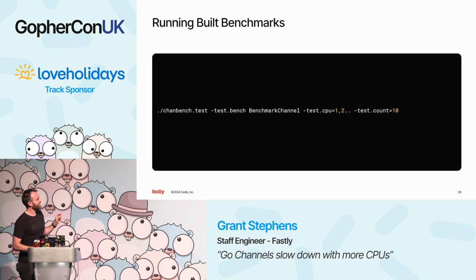Then, something else which is super handy is you can do a -test.cpu. And you can see there that we have 1, 2, and you can keep on going with that all the way up to 128. I didn't do 1, 2, 3 all the way to 128. I skipped a few in the middle, but the general principle of it stands. The other important thing there is the test.count.